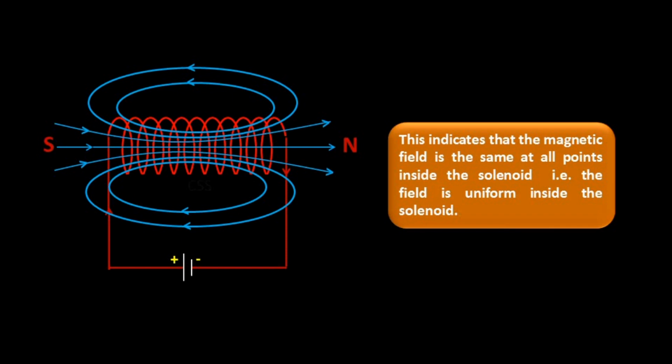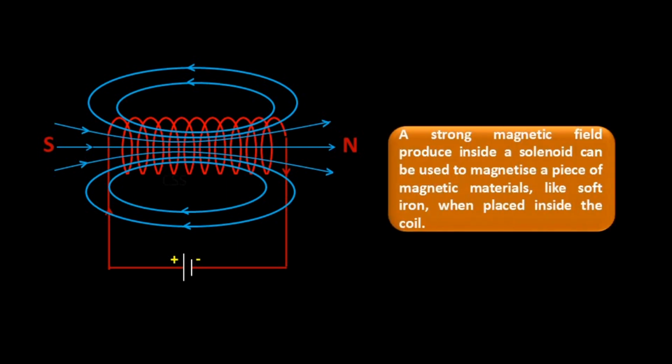But for a bar magnet, the magnetic field is not the same at all points. This is the first difference between magnetism produced in the solenoid and in the bar magnet. That is, at all points inside the solenoid, the magnetic field is uniform.